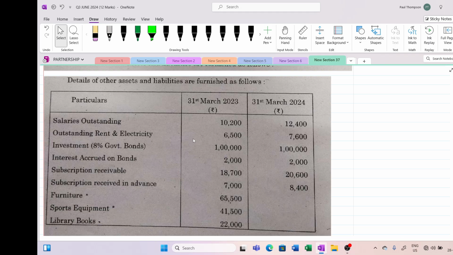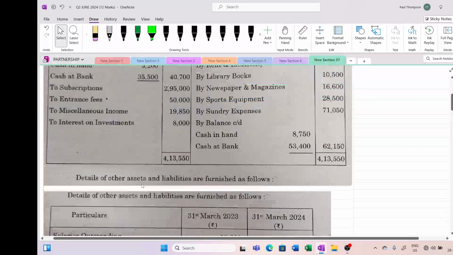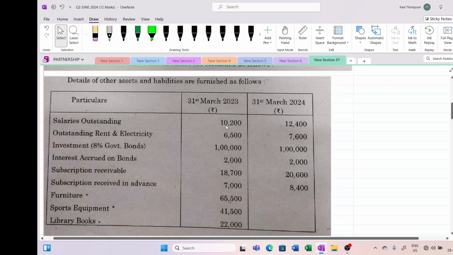We have already paid 1,55,000. Out of that 1,55,000, this amount would have been paid, so that is pertaining to last year. And in income and expenditure, you are going to record items relating to the current year only. So you are going to subtract this, and this is for the current year yet to pay, so you have to add that.